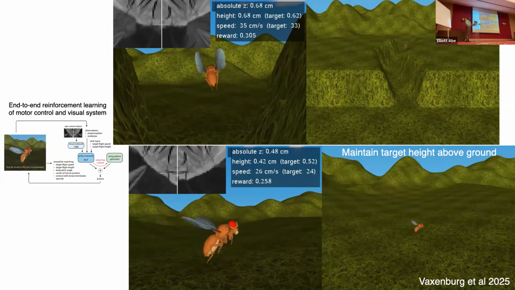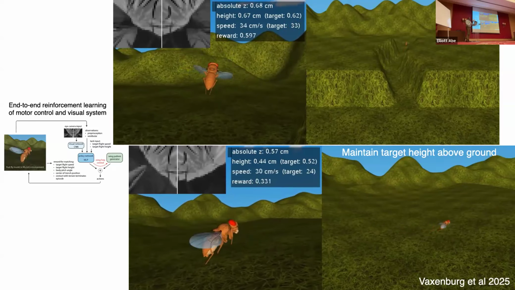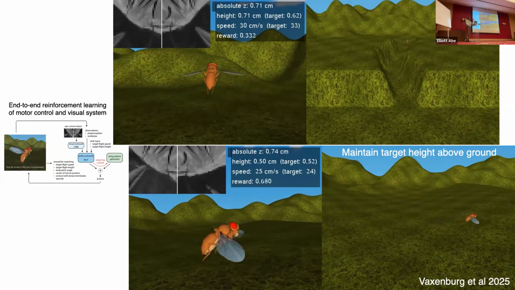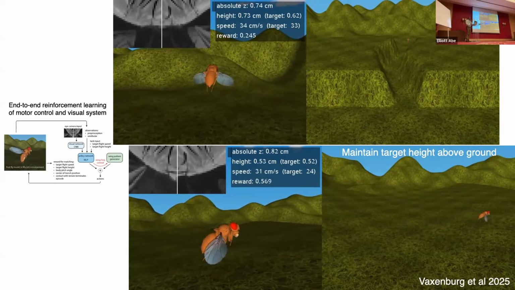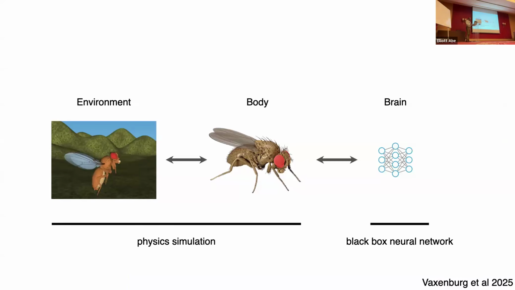And so the way this is done is, again, we have this pre-trained low-level controller. And then there's a high-level controller that uses the visual system and then steers the low-level controller. And that also, it's able to do this.